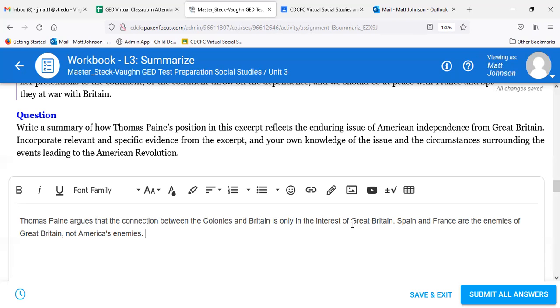So we can say, by gaining independence from Great Britain, America would be at peace with other nations.